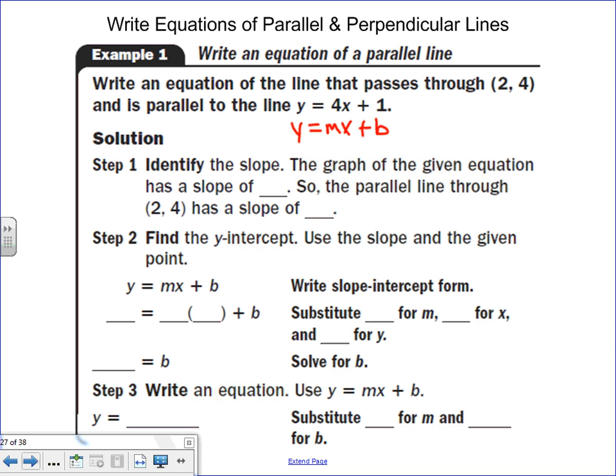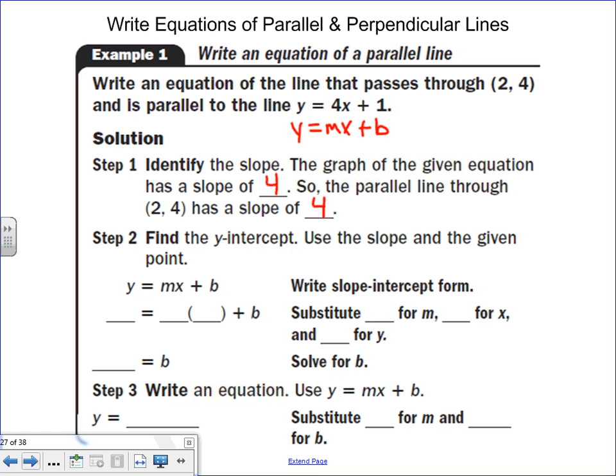If we look at that equation, our m is 4, so this has a slope of 4. So a line that's parallel to it, but instead goes through the point 2, 4, will also have a slope of 4. The next thing we need to do here is find the y-intercept.